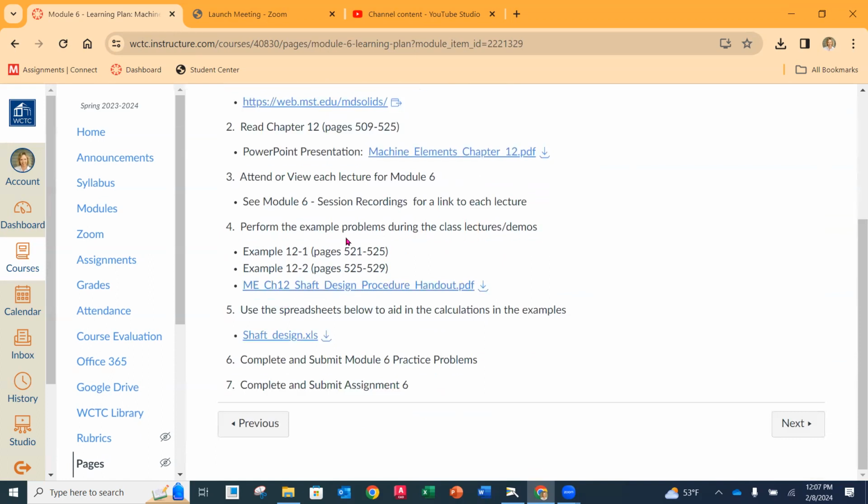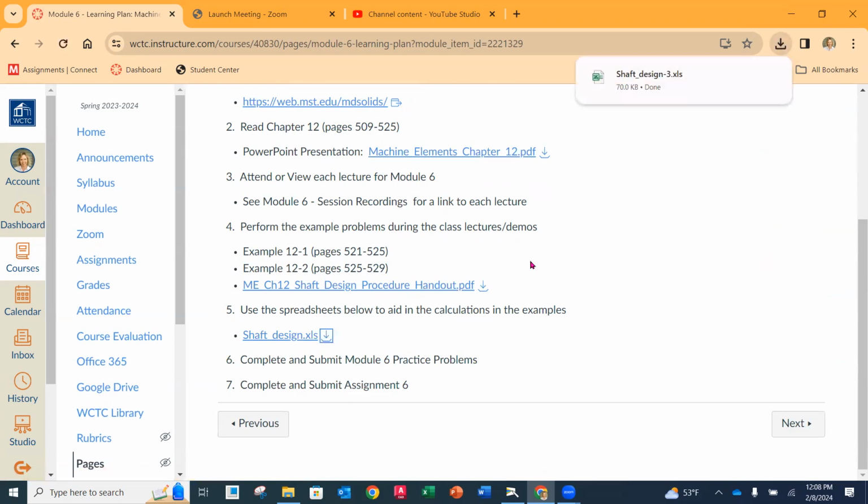Then you'll notice down here, when we perform our example problems, we will be using this. This is the procedure handout. Up in the front here, we've got the copies. Otherwise, the PDF version is right there, and this is going to give us step by step how we're going to proceed. And then here is our shaft design Excel spreadsheet. I encourage you to download that right now.